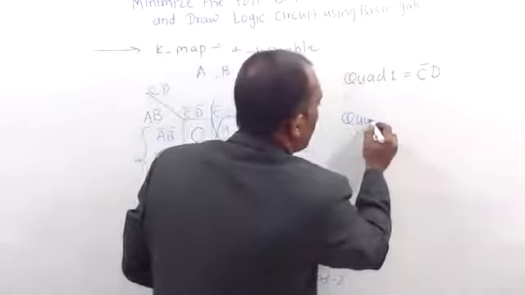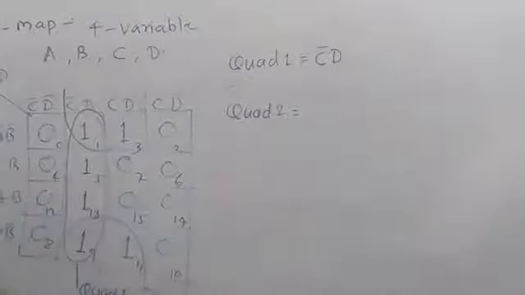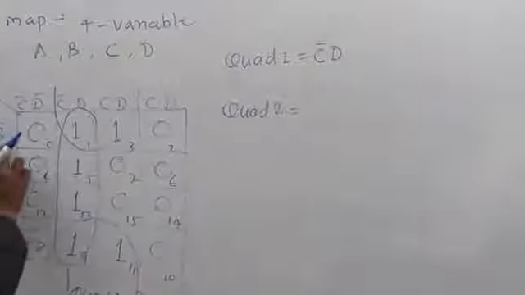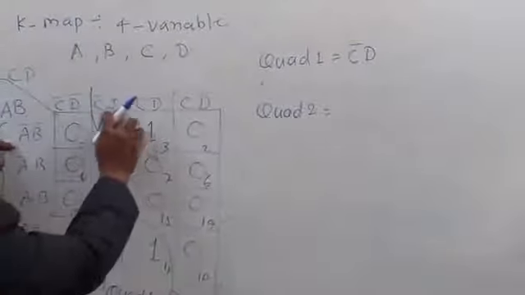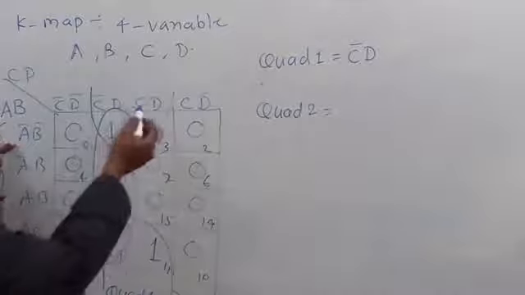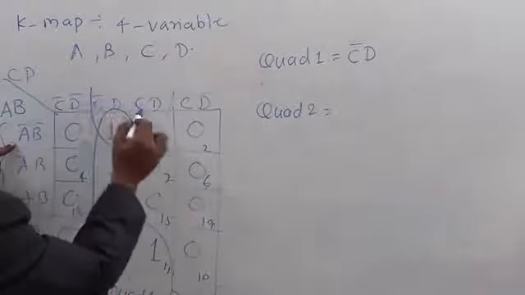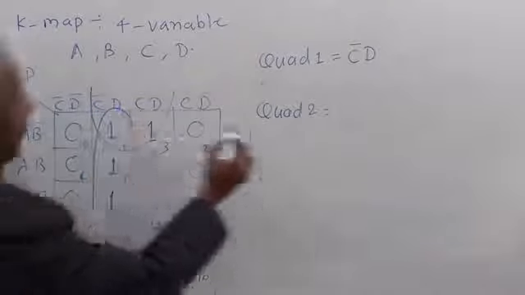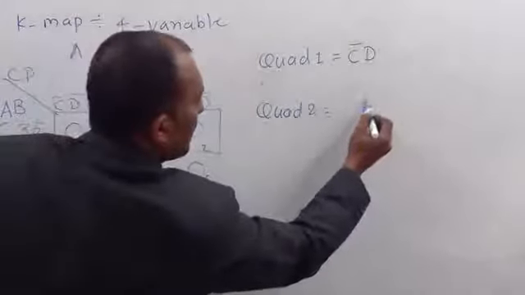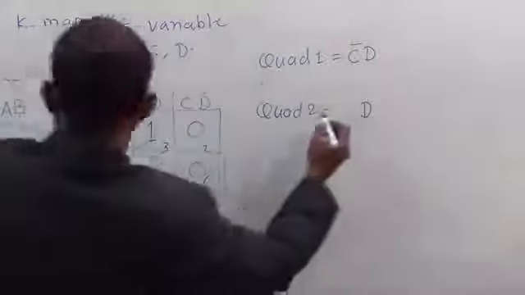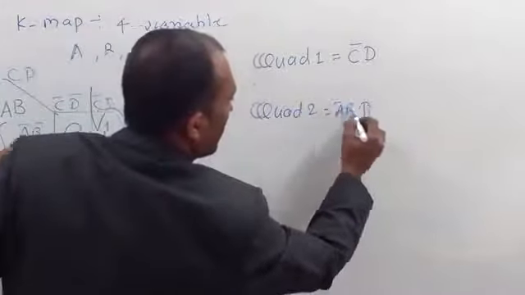Same for quad 2. These 2 and these 2. So A bar B bar, CD, C bar D and CD. Now here you can see C bar and C get cancelled. We only get D and this A bar B bar.